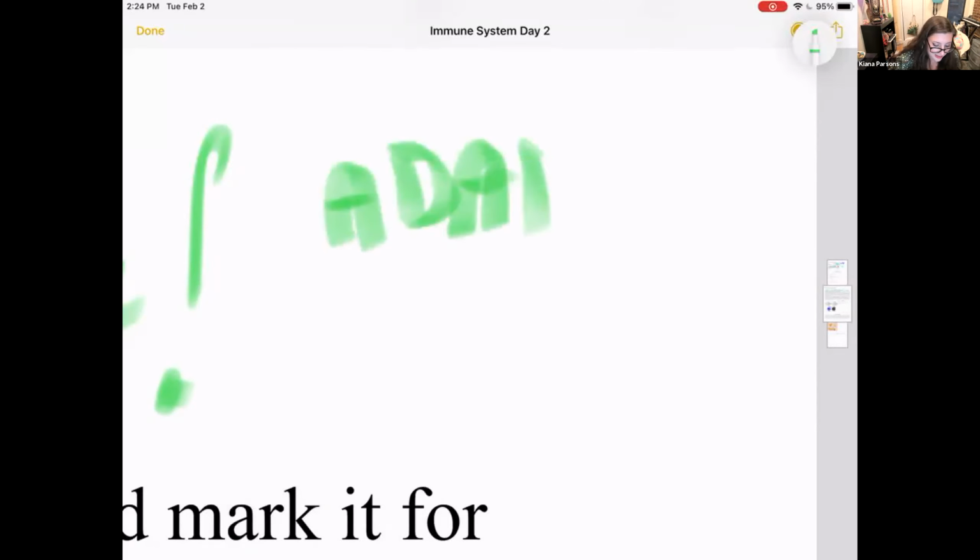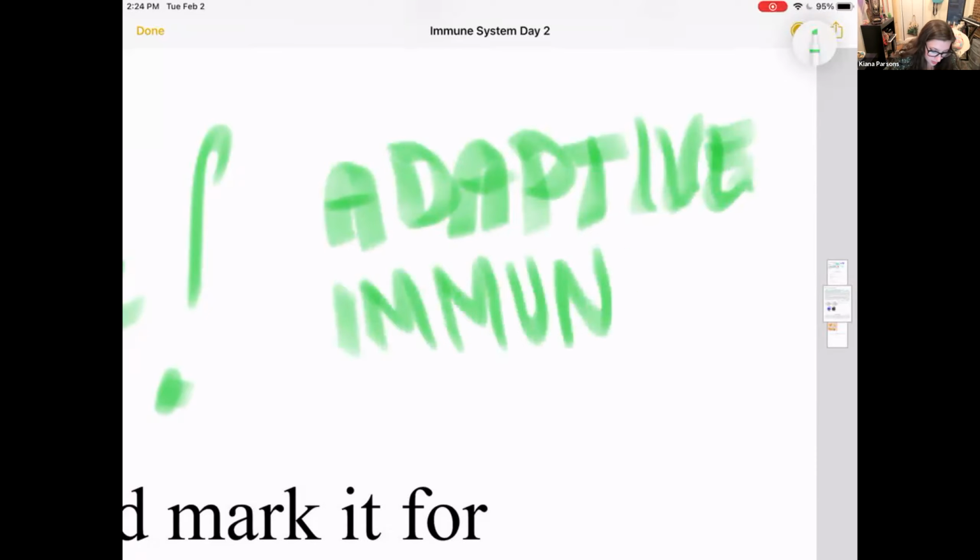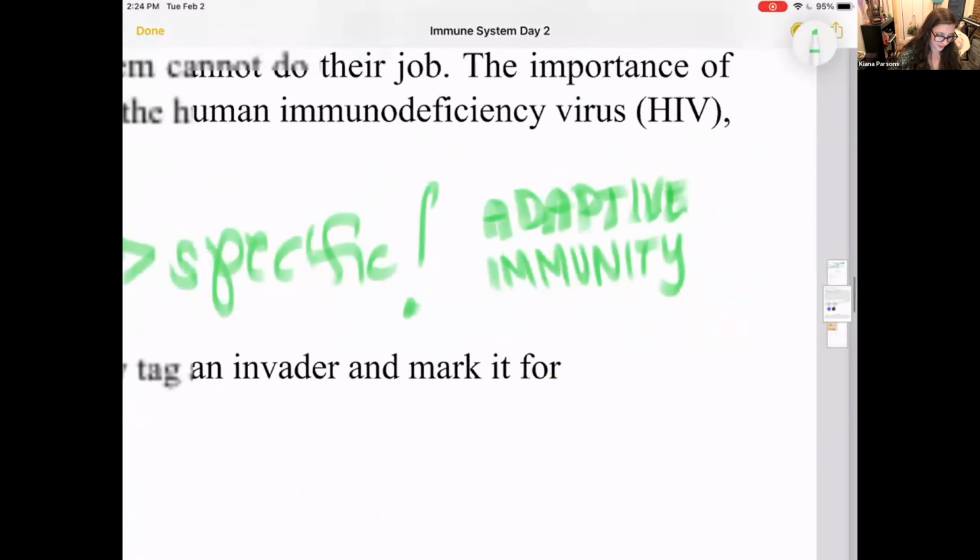And what that means is it develops during your life, right? So this adaptive immunity is not something that you are born with. You're born with the ability to develop these memories, but you are not born with the specific B cells. Instead, you develop those throughout your life as you're exposed to different types of pathogens.